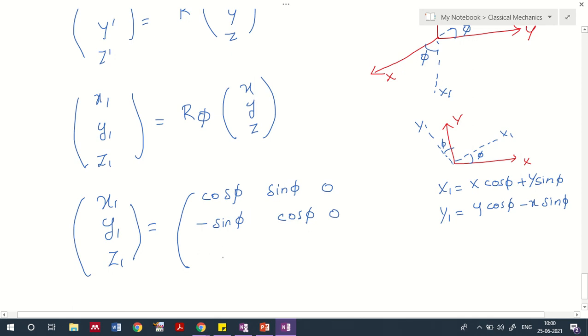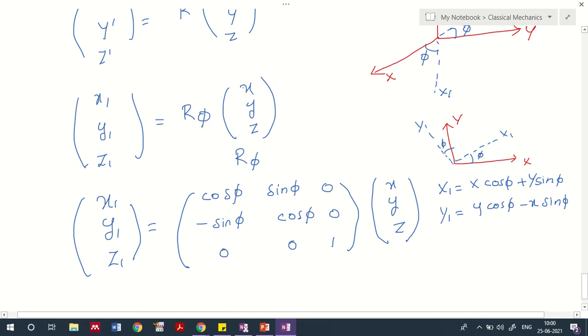And for the k element we don't have 0 0, there is only z corresponding to that, so 0 0 1. This is how we represent the first case, multiplied by x y z, and this will be our transforming matrix. This matrix we usually call R phi, which is one of the transformation matrices used to transform the x y z axes into x1 y1 and z1.